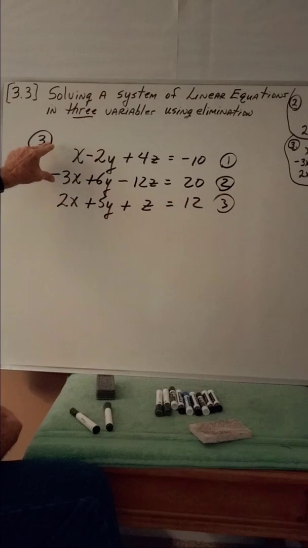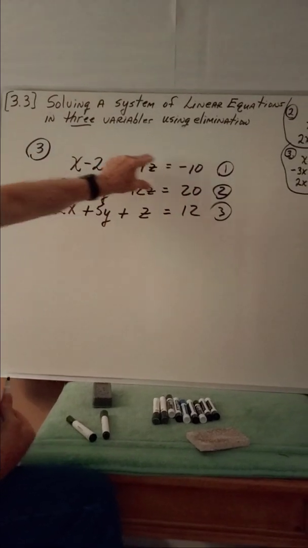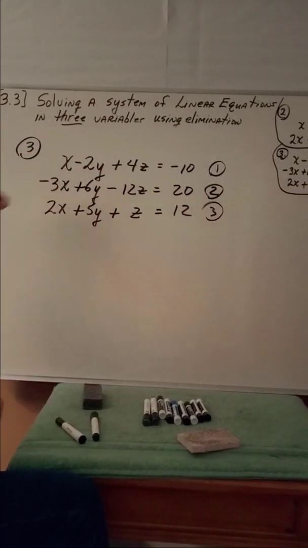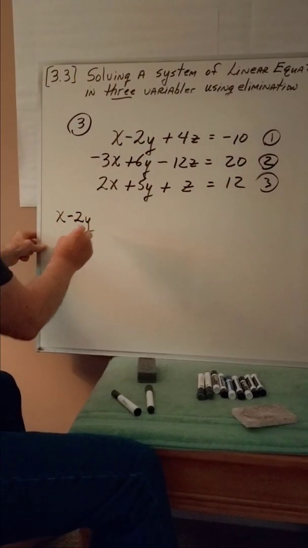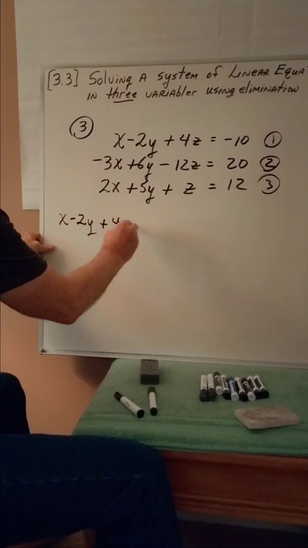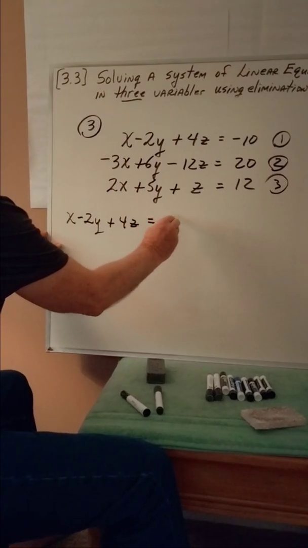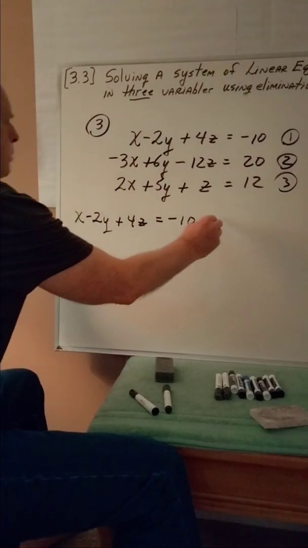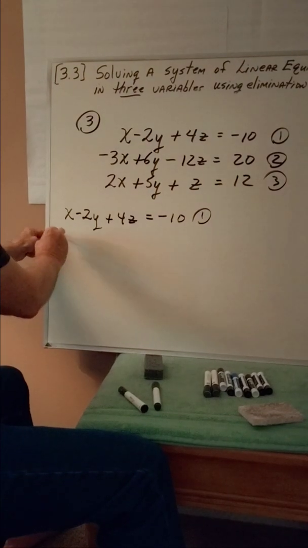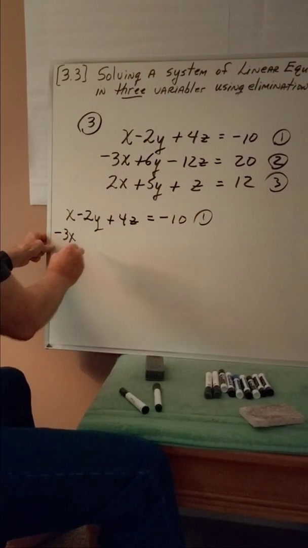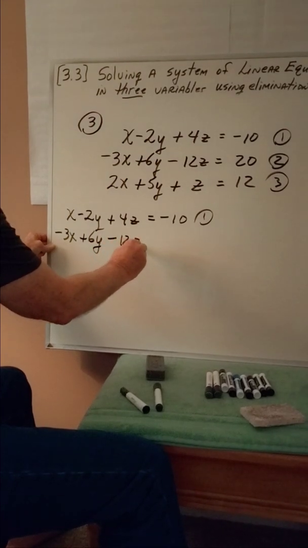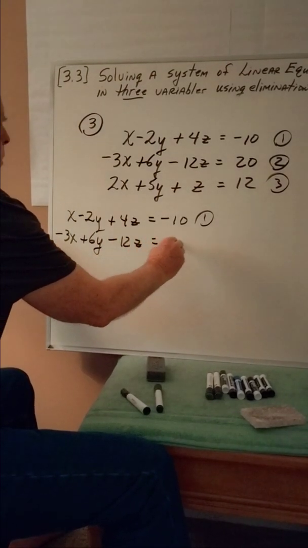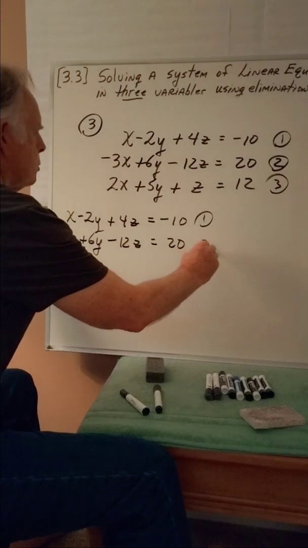Let's copy down the first two as one of our pairs. x - 2y + 4z = -10, that's number 1. Number 2, -3x + 6y - 12z = 20.